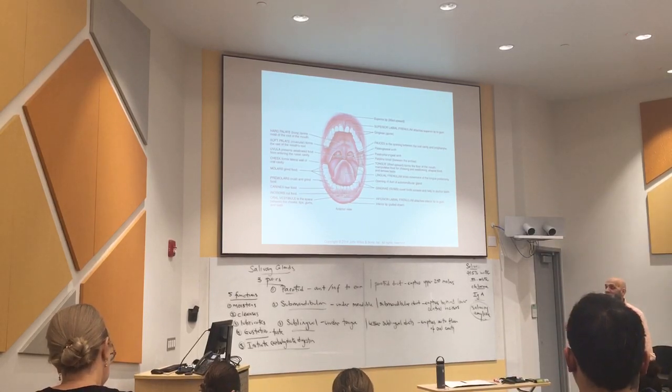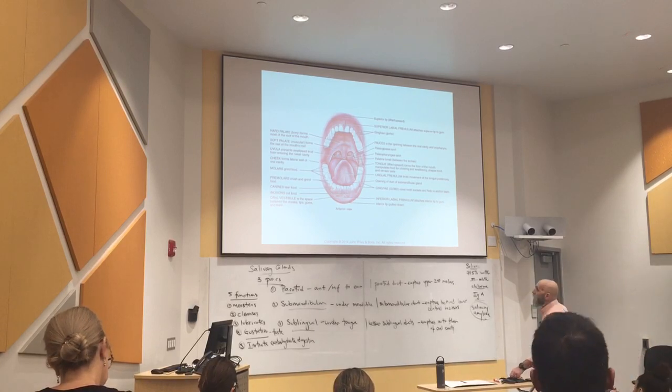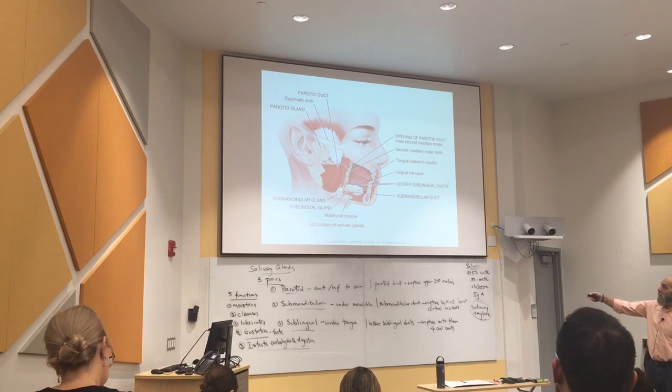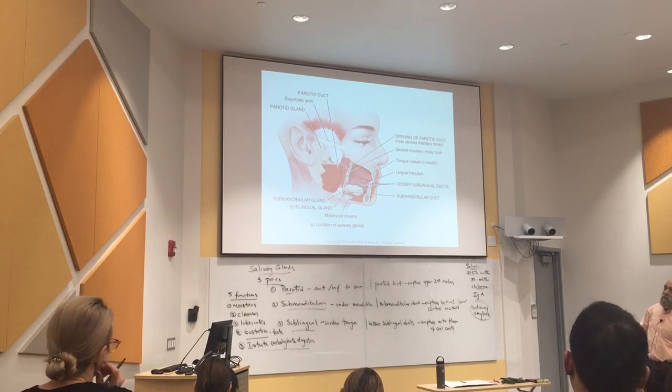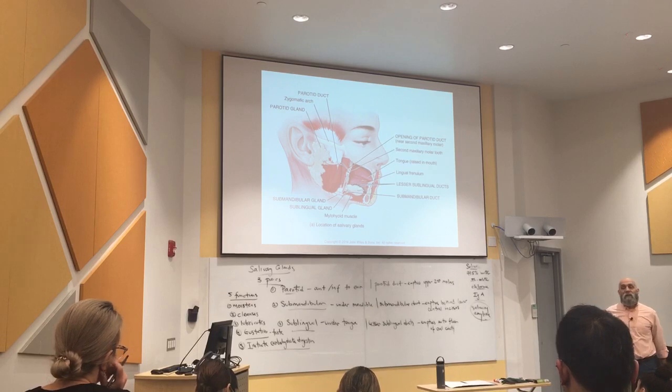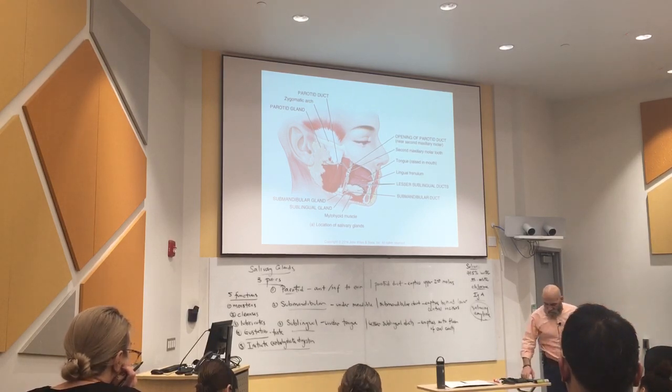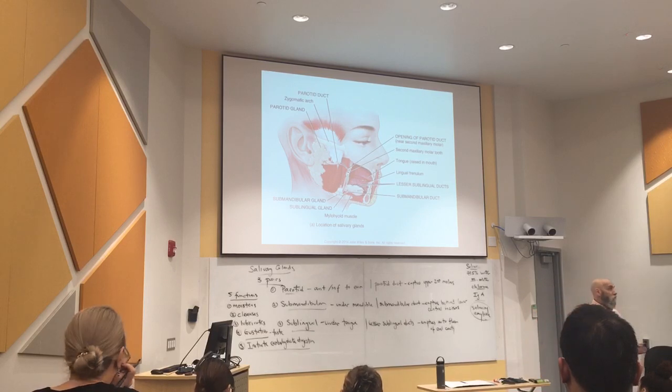Anyhow, a little bit about the salivary glands, and again, the pictures that I had up before. We can see there are 2 parotid glands, 2 submandibular glands. Here are the sublingual glands. They sit just underneath the tongue, and there are a number of little ducts that they have. We call them lesser sublingual ducts, and they release the saliva into the oral cavity. The amount of saliva that we release will vary from time to time.